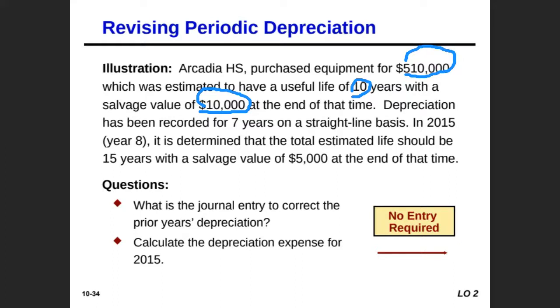So if, for example, you have a depreciation which is 50,000 per year, let's say if I have to write it down, I will say 50,000 in year 1. This is for year 1.